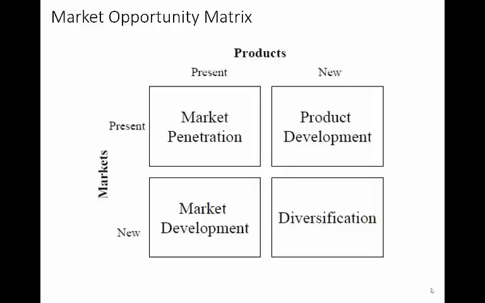For instance, maybe we have been focused on certain vertical industries in the past, and we recognize that something that we've been offering in one vertical would be applicable in another vertical that we haven't served before. So whether it's the type of industry, a different demographic group, a different geographic area, it still would qualify as market development. And in fact, it could even be market as defined by benefit sought.